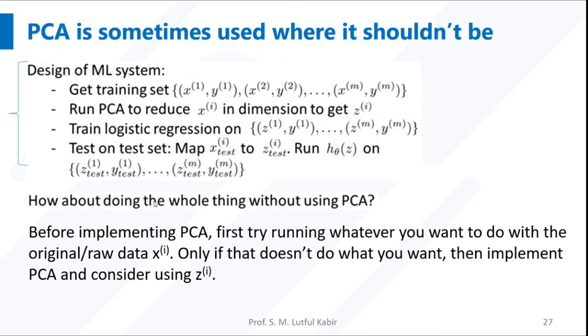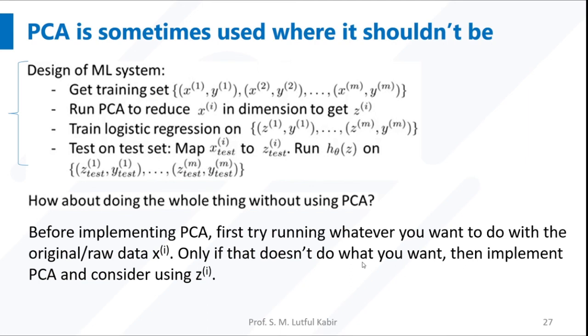Before implementing PCA, first try running whatever you want to do with the original or raw data xi. For example, if you want to apply a neural network or logistic regression, apply it with your raw, original data. Don't reduce the data first. Only if that does not do what you want, then implement PCA and consider using zi.